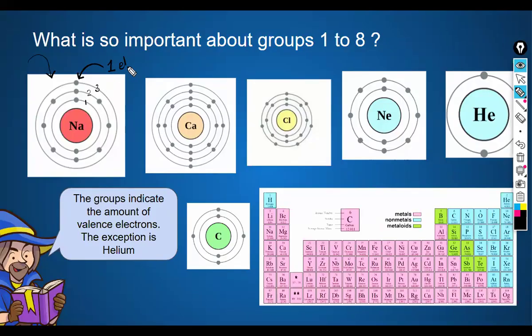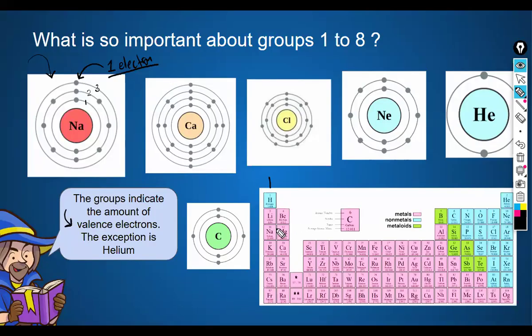Didn't it have one electron on its last shell? Anything on the last shell, you use the word valence to describe it, okay? Sodium has one valence electron.